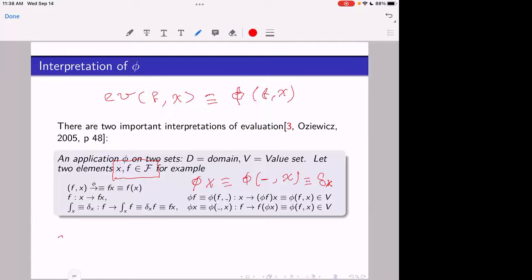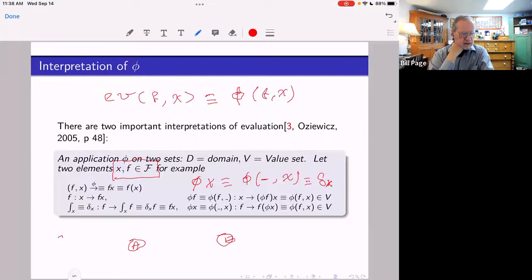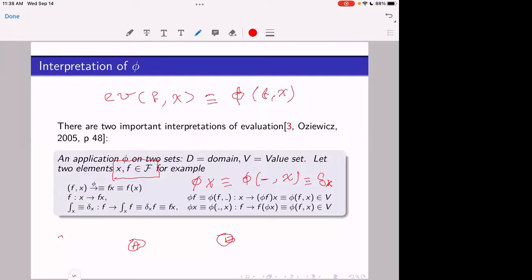Here the idea is that we have objects, sets for example, no? A, B are sets, or sometimes you might call them classes, or spaces. The class of sets, for example.